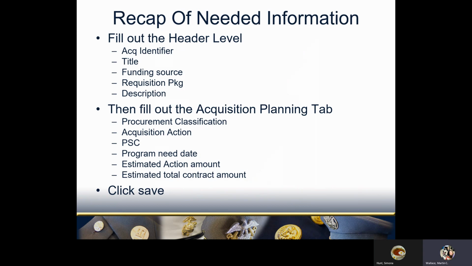And we'll discuss a recap of your needed information. You'll fill out the header level, acquisition identifier, title, funding source, requisition package description. Then you'll fill out the acquisition planning tab, procurement classification, acquisition action, list the PSC, specify the program need date, estimated action amount, estimated total contract amount, then you'll click save.